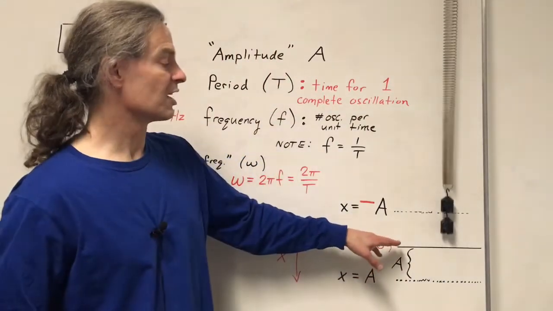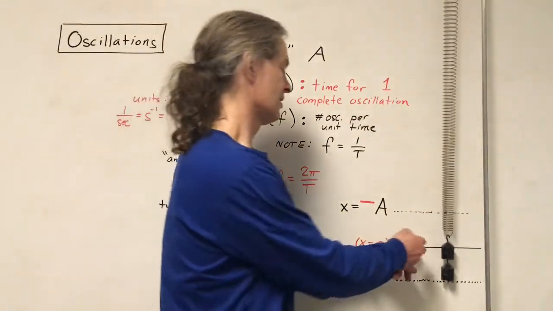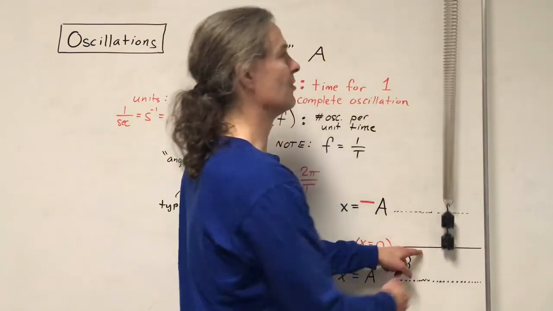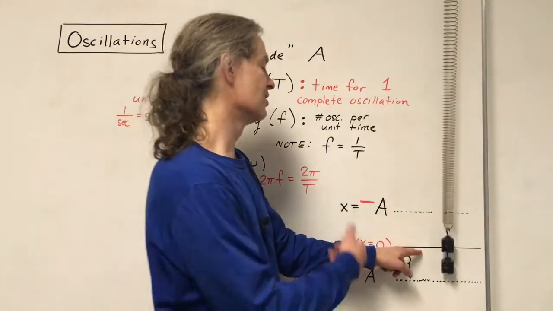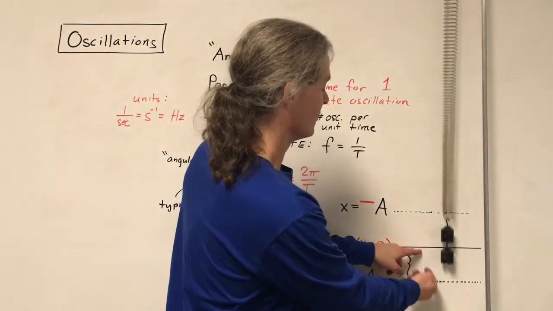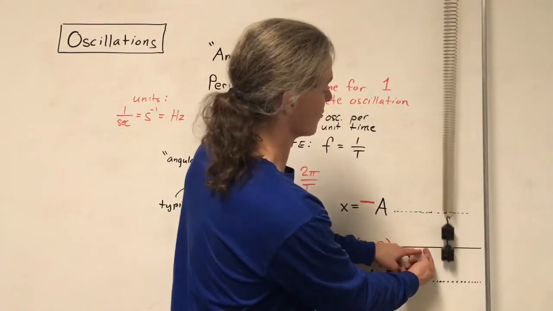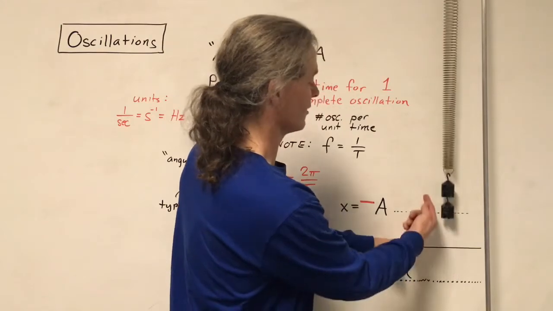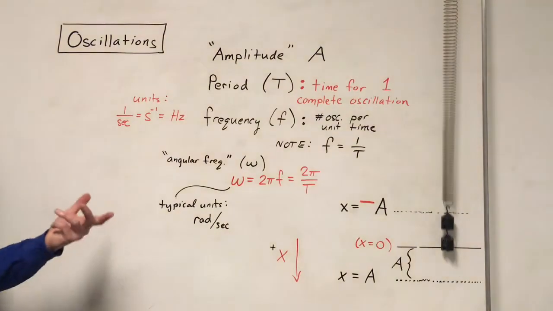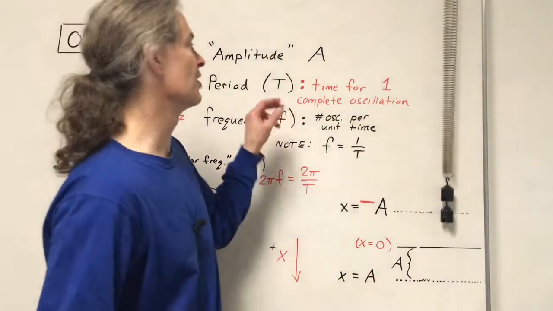If you're using the middle, you've got to be careful because it'll go past the middle on the way up, and it'll go past the middle on the way down. That's only half an oscillation. To be a full cycle of motion, a full oscillation, you've got to track it from location and same direction of velocity. So here to there. All right, so the time for one complete oscillation is known as the period, capital T.